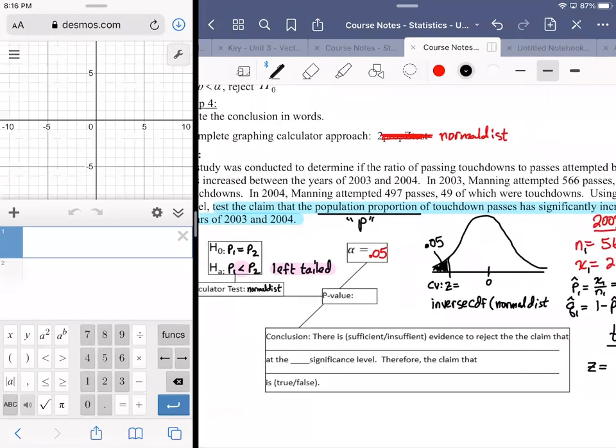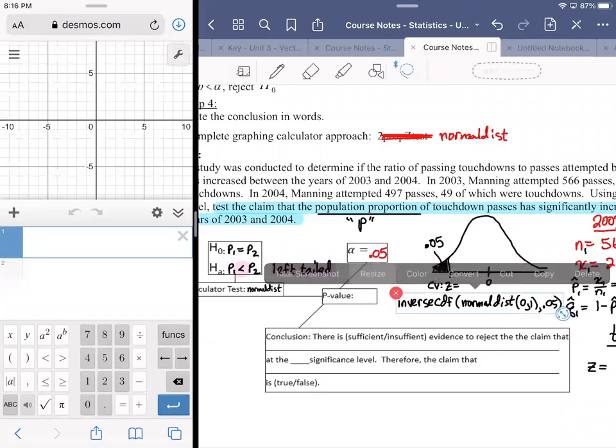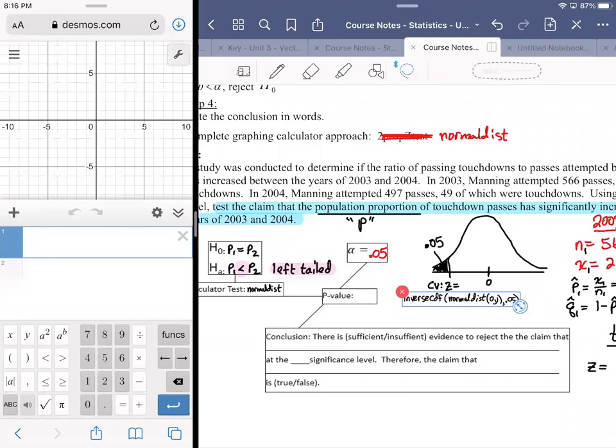So just like we did with normal distributions and central limit theorem, we're going to grab the probability, or we already have the probability. We're going to grab the Z statistic, or the Z critical value associated with that area of 0.05 to the left. All right.